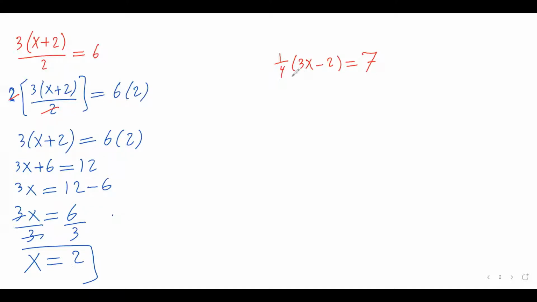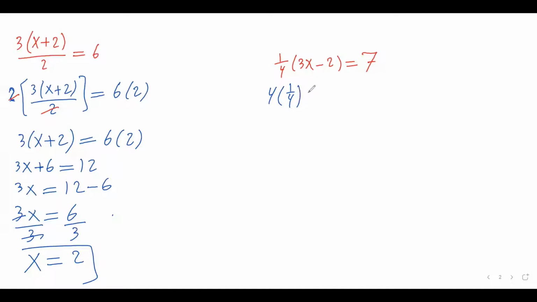How about this one? One fourth bracket 3x minus 2 equals 7. Again, we have a fraction in this equation. We need to get rid of it by multiplying both sides of the equation by the denominator of this fraction. So let's multiply the left side by 4 and also the right side by 4.